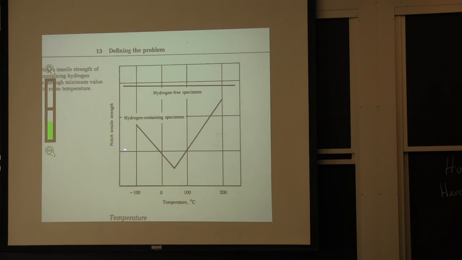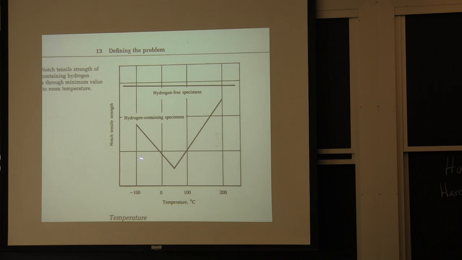If I take a notched specimen like this and I apply a stress and I look at different temperatures and I have a hydrogen-free specimen, this is strength, megapascals, yield strength. I'll give you some numbers on another graph. And I look at hydrogen-containing specimens, right around room temperature is where I get the fastest cracking, or the cracking at the lowest stress.